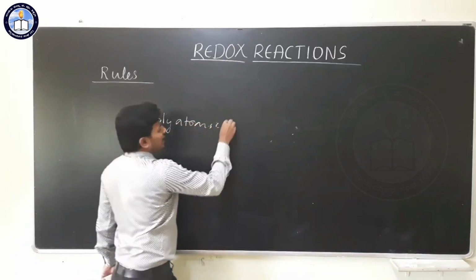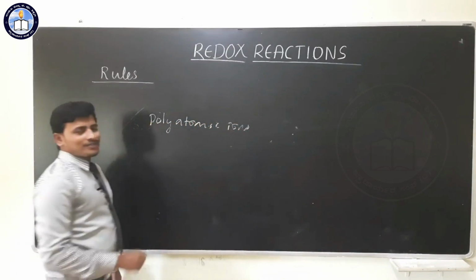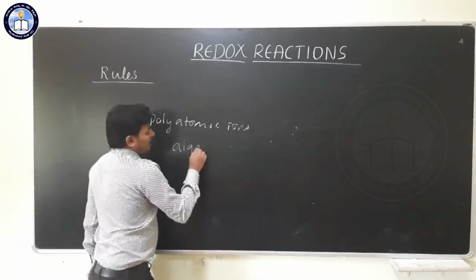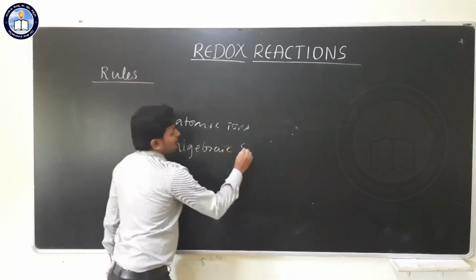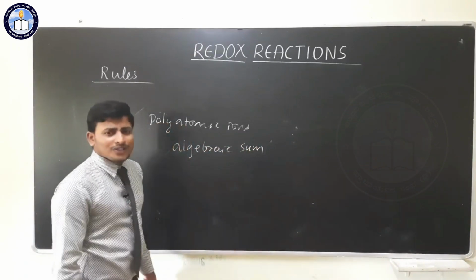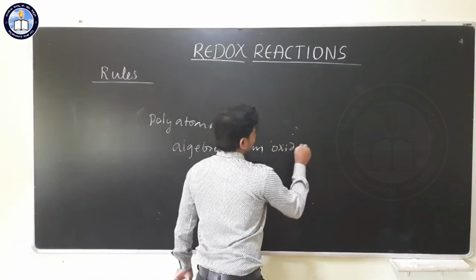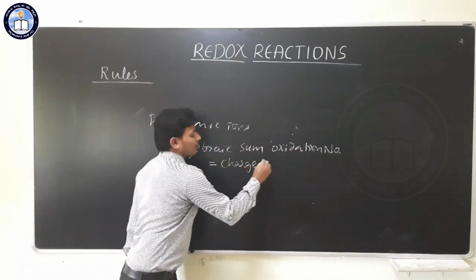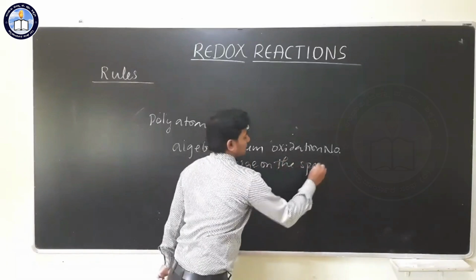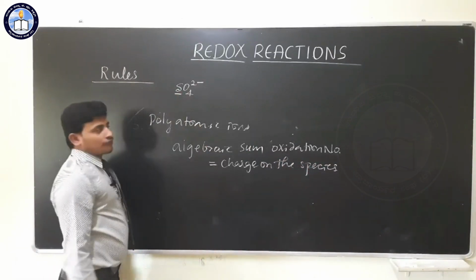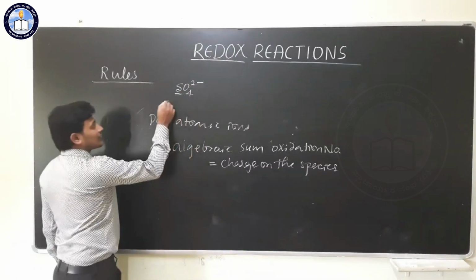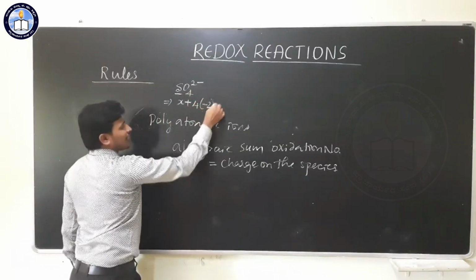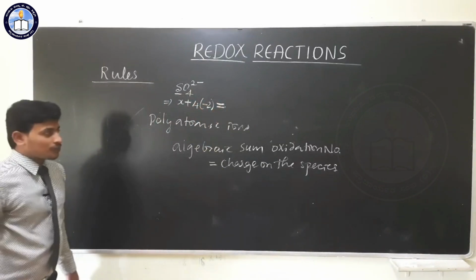If polyatomic ions are present, then the algebraic sum of the oxidation numbers is equal to the charge on the species. If I say calculate oxidation number for sulfur in SO4, that is X plus 4 times oxygen value, -2, equal to the charge.